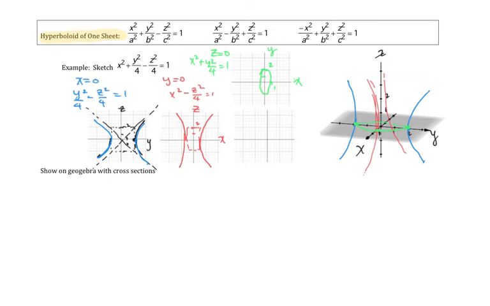All right, let's jump into maybe a little more involved cross-section, or a little more general cross-section, I should say. Let's look at z equals a constant. Because what I mentioned is that for any value of z, it looks like we're going to get ellipses.